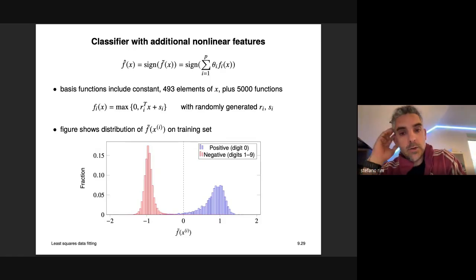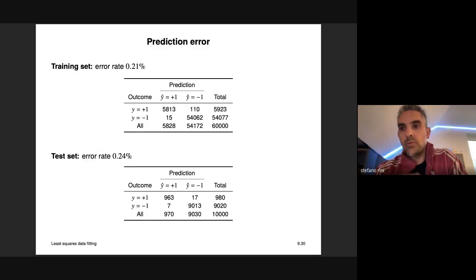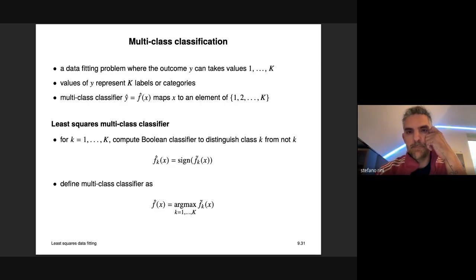By looking at the output of our least squares, we can decide which elements are relevant and which ones we want to keep and which to throw away, based on the cross-validation procedure we described before. Now the error rate goes down, because we added the 5,000 random functions to the model. So it's a more complicated model, but it has better performance. There's always a trade-off between complexity and performance.